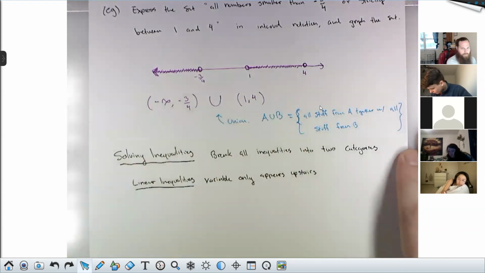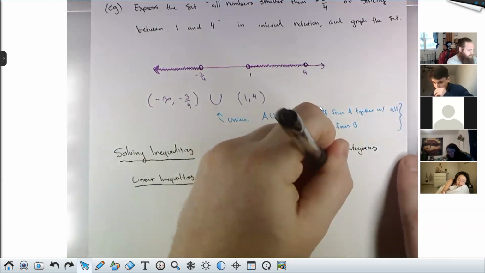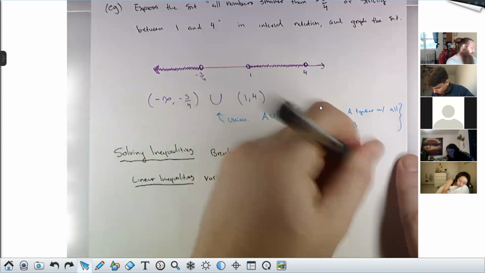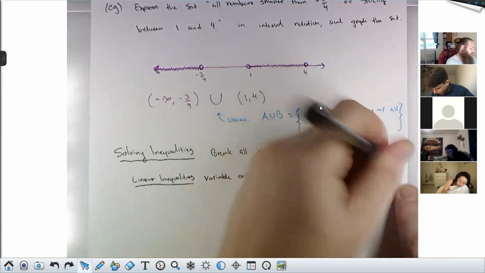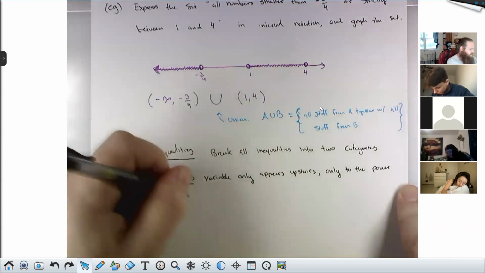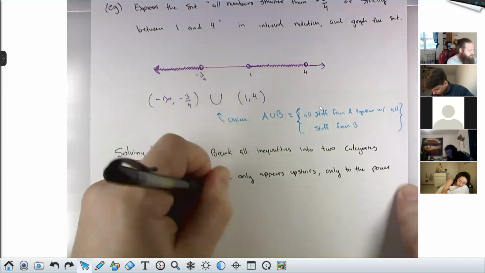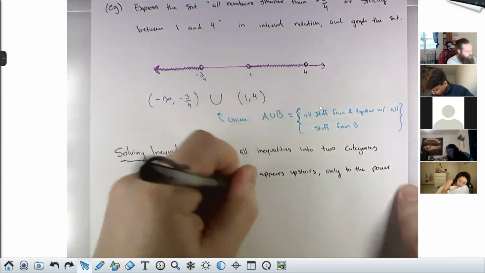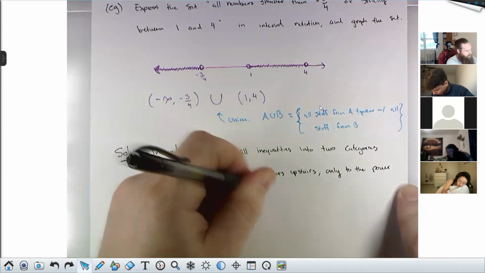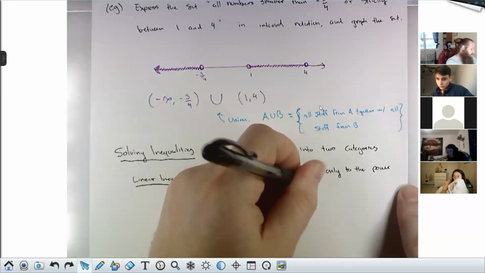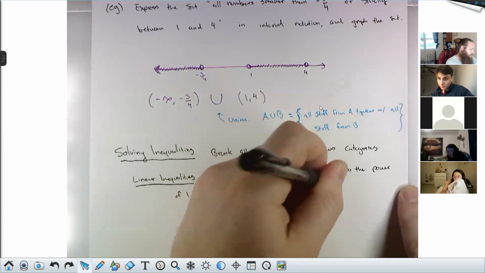Never in a denominator, and only to the power of 1. Meaning never under any radicals, or squared, anything like that.